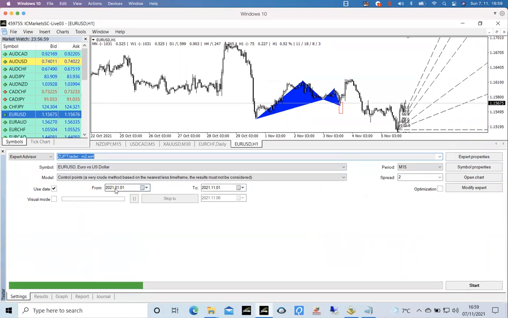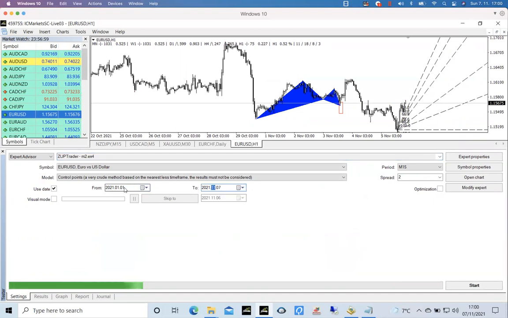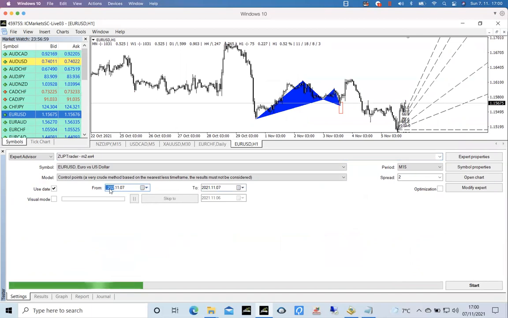The way I do it, first, I take the last year. So this is today, and I want 2020. I just want 1 year for the testing. And then we will choose out of sample.